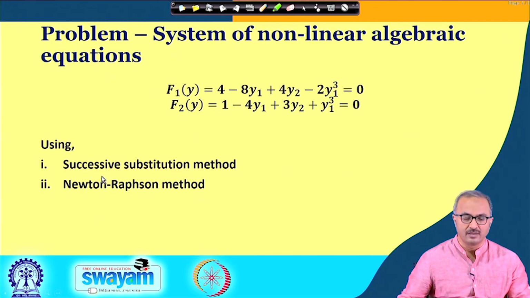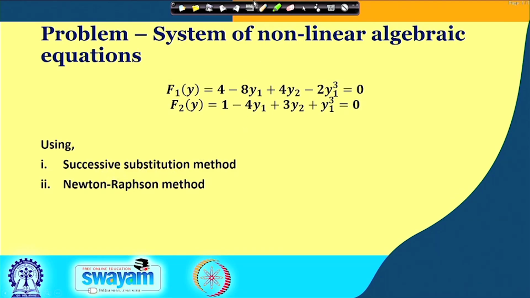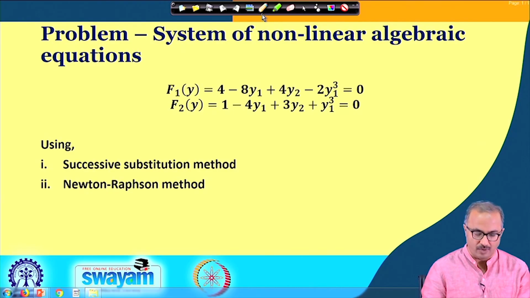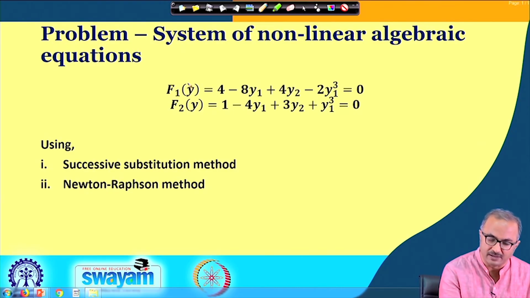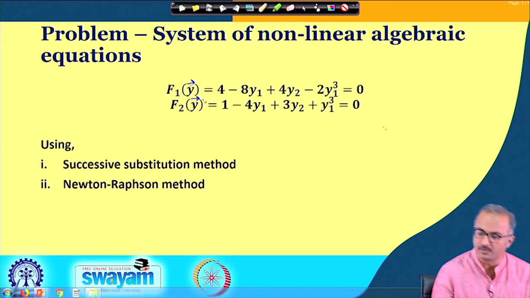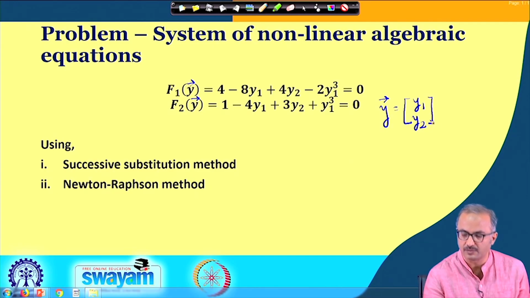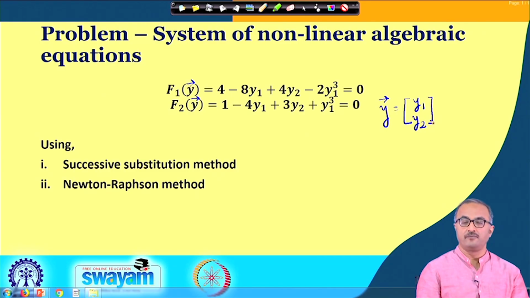Here we have these two methods to be used, and here we have shown these two, f1 and f2, and these two y should be vectors. Okay, they are vectors, because this y vector is nothing but the vector of y1 and y2. So this is basically vectors.